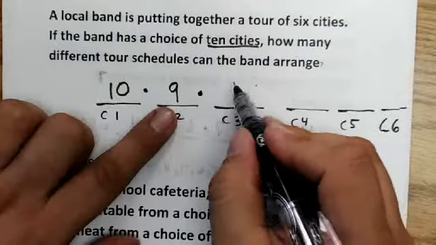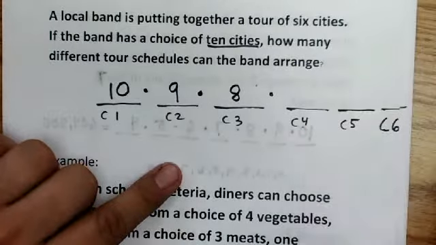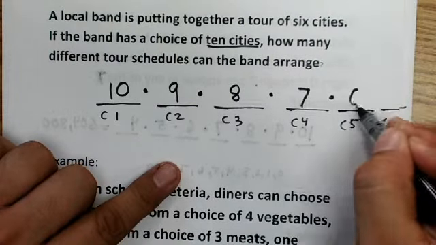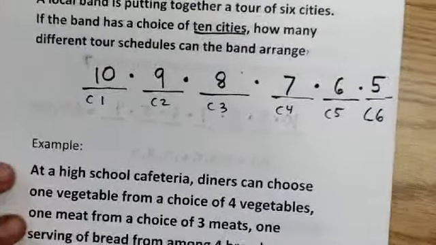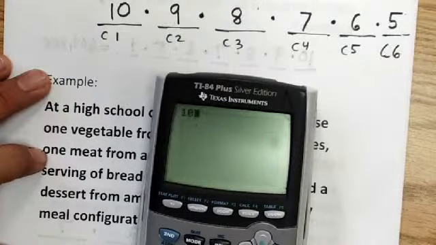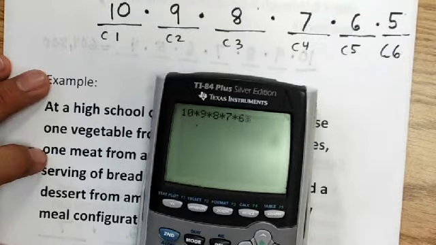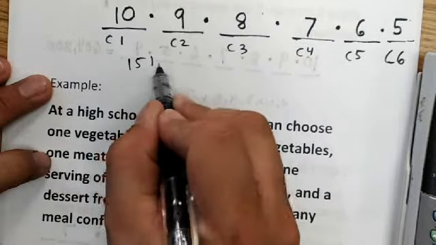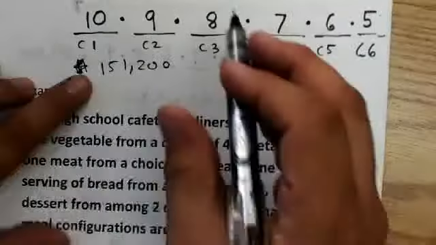Then 8 cities, then 7, then 6, and lastly, 5 cities to choose from. And once again, using the sequential counting principle, we multiply 10 times 9 times 8 times 7 times 6 times 5. That'll give us 151,200 arrangements.